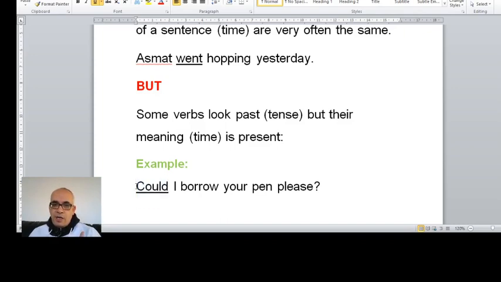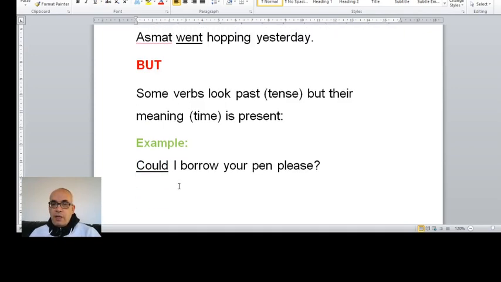So here the tense and the time are different. The tense is past, but the meaning is present. Because when we speak in the present, we say, could I borrow your pen, please? Could I borrow your car, please? So I repeat, sometimes the tense and time, they are the same, sometimes they are different.